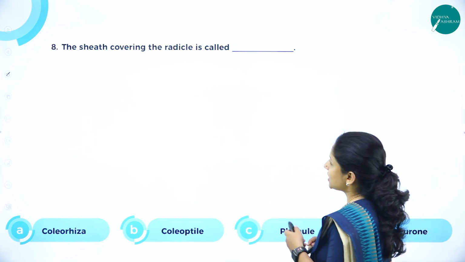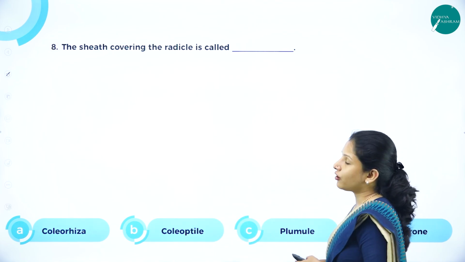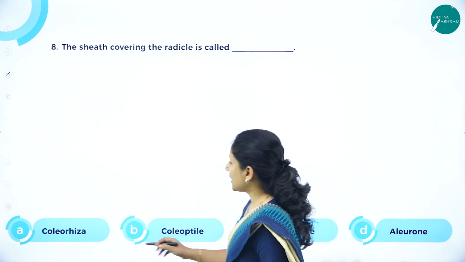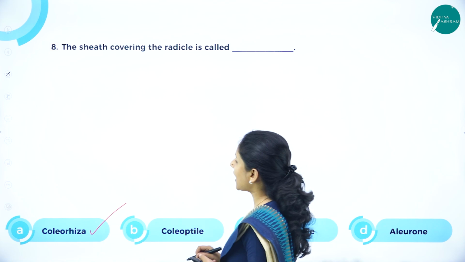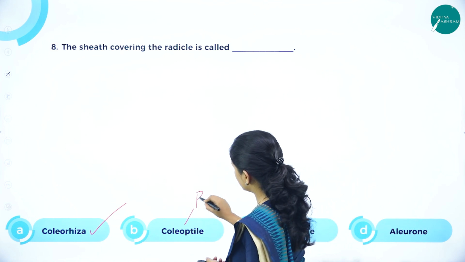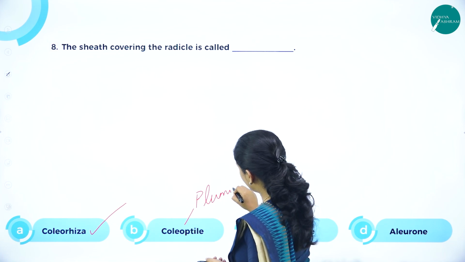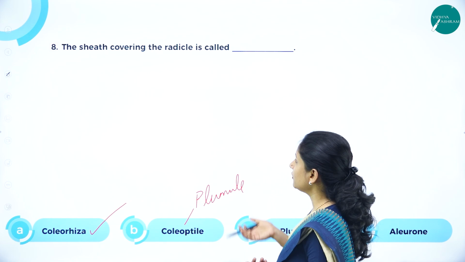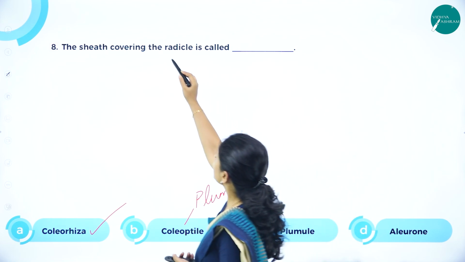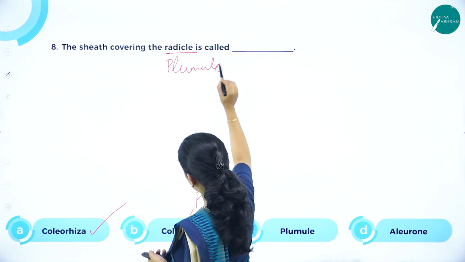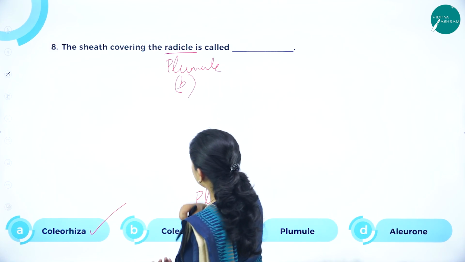Next question. The sheath covering the radicle is called coleorhiza. So, the right answer here is coleorhiza. Coleoptile is the sheath covering the shoot or the plumule. So, the question can be framed this way also: the sheath covering the plumule. If it was that, option B would be the right answer.